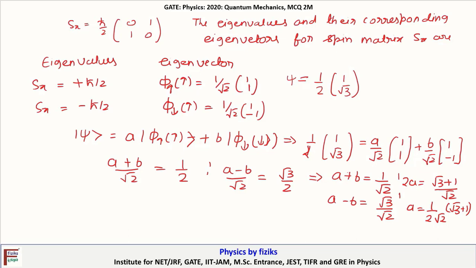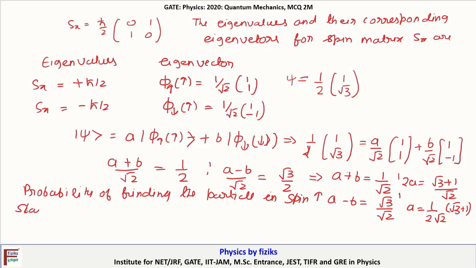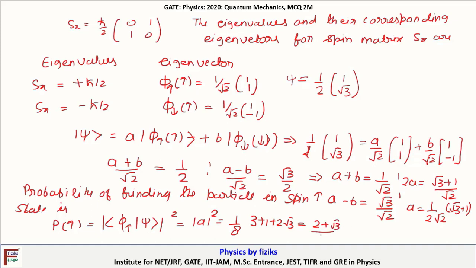Now the probability of finding the particle in spin up state is P up is phi up, that means mod of a square, that means 1 by 8 into 3 plus 1 plus 2 root 3, that means 2 plus root 3 by 4.